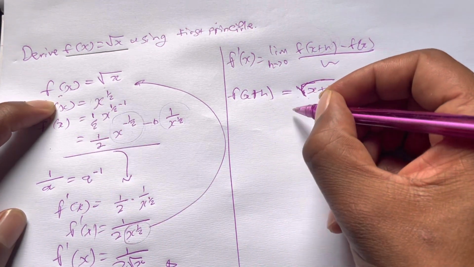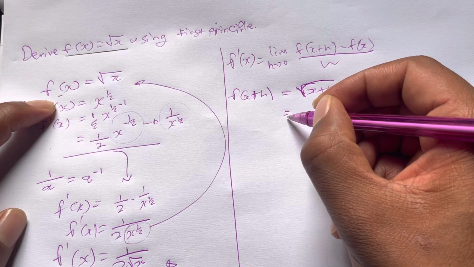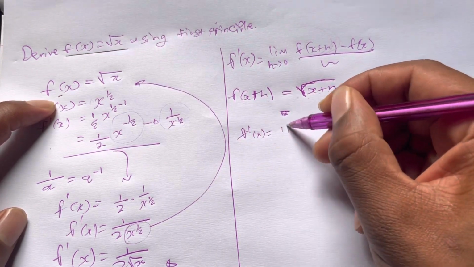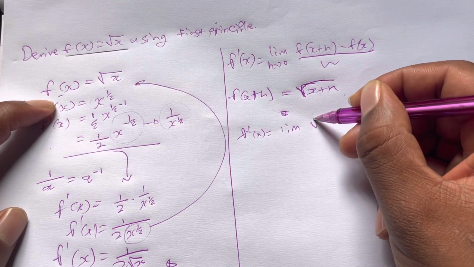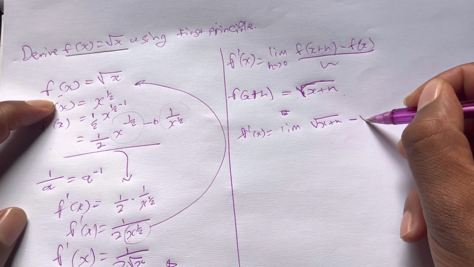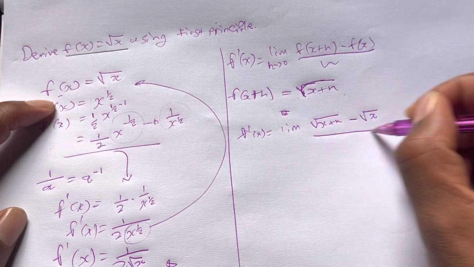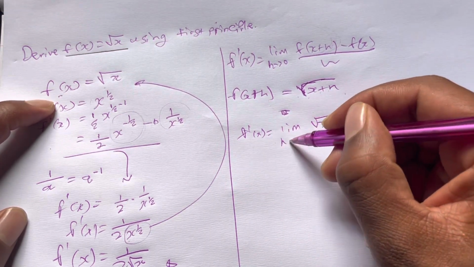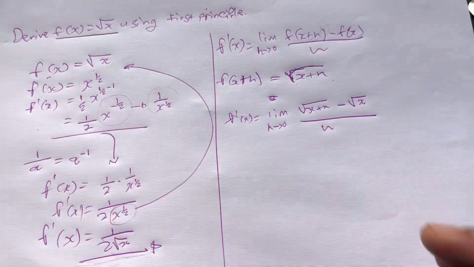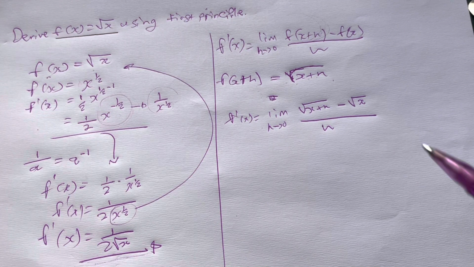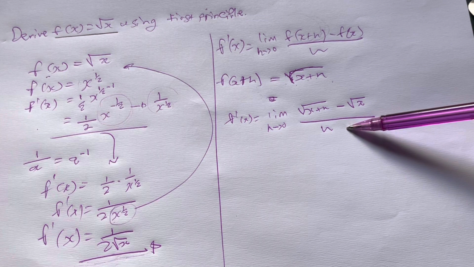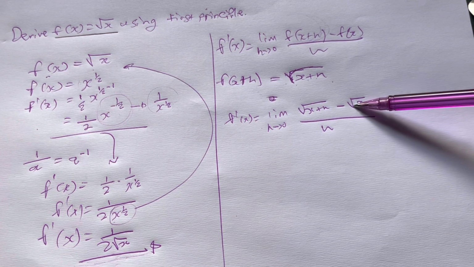Okay, now let's continue. f derivative of x equals limit of square root of x plus h minus square root of x all over h, as h approaches 0. Okay, so when you have this, now you are going to multiply your numerator and your denominator by the conjugate of your numerator.